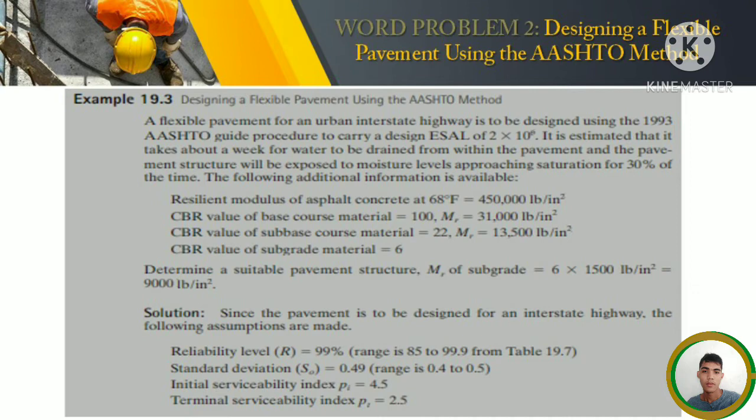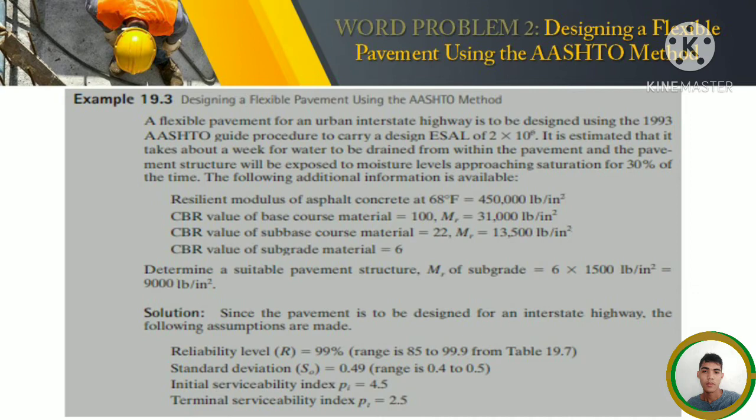It is estimated that it takes about a week for water to be drained from within the pavement, and the pavement structure will be exposed to moisture levels approaching saturation for 30% of the time.